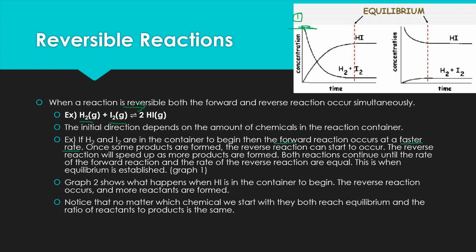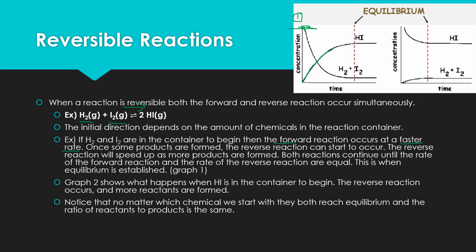So as we start to form products, our concentration of products is going to slowly increase, but we're also going to have some of that product turned back into the reactants. So both reactions, forward and reverse, occur, and they continue until the rate, the speed of the forward reaction and the speed of the reverse reaction, are equal. Where rate forward and rate reverse are equal, this is when we establish equilibrium.